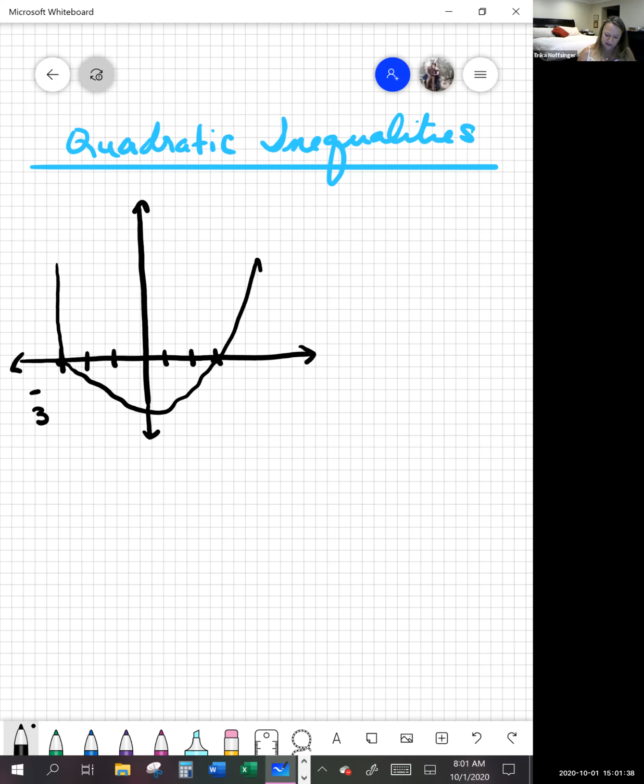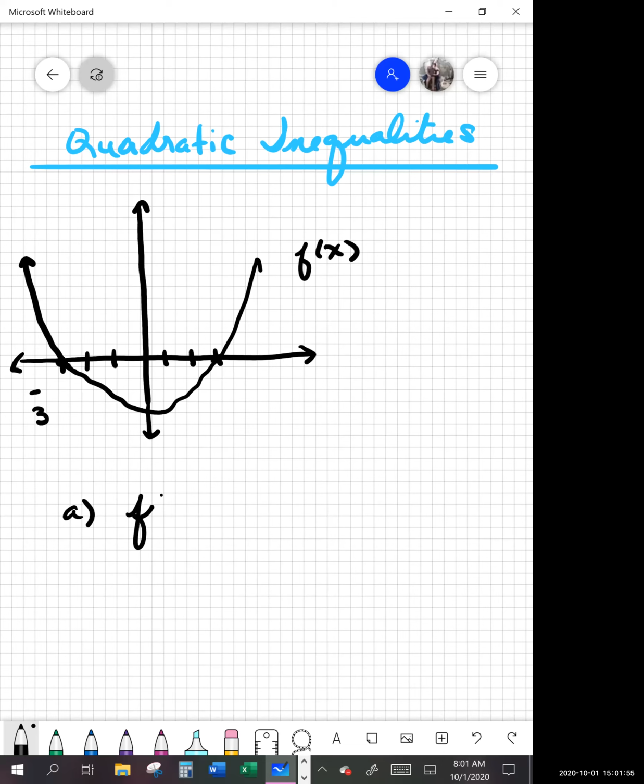Let me just change this piece. Let's say this is f of x, and they want to find when f of x is greater than 0.